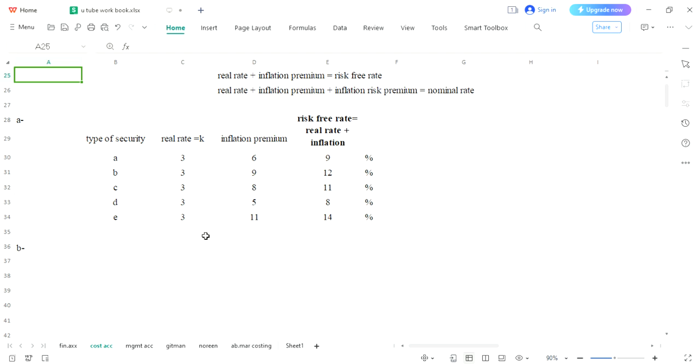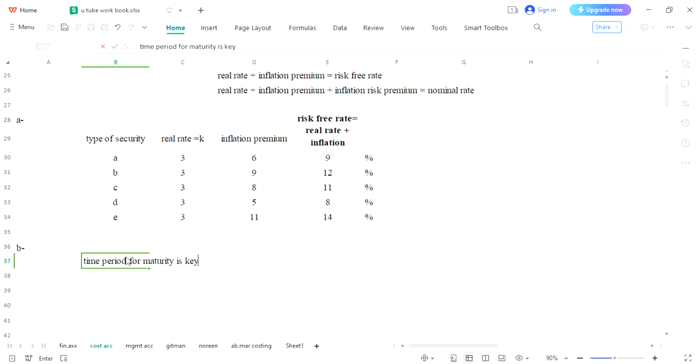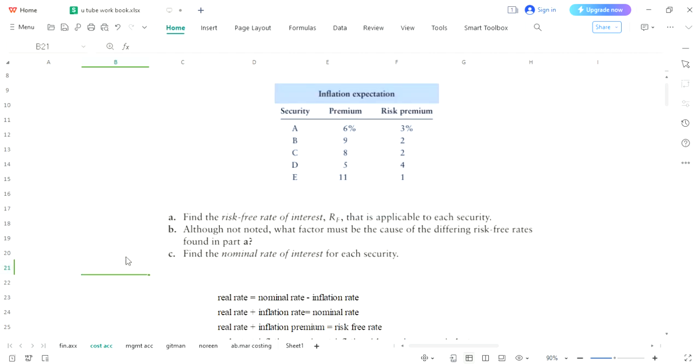So time period is the key factor, but political factors and economic factors are also involved in different real rates of interest. We are just giving one example: time period for maturity is a key factor of difference in real rates. So guys, that is the answer for part B, and now part C is saying find the nominal rate.